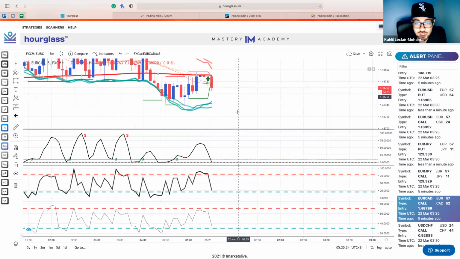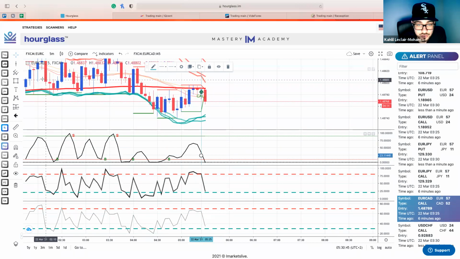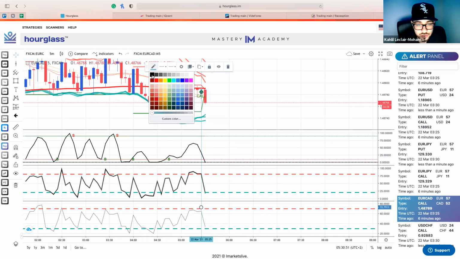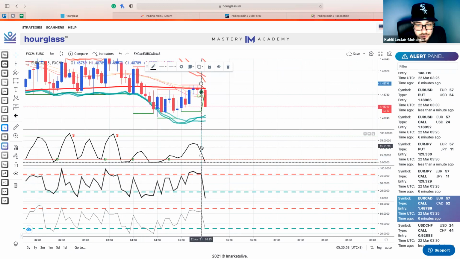Okay, so in this situation, obviously you guys are seeing price did go down, but right here, this is what I want to identify. Not anywhere else, right here. I want to make these black so you guys can see them. Can you guys see that?